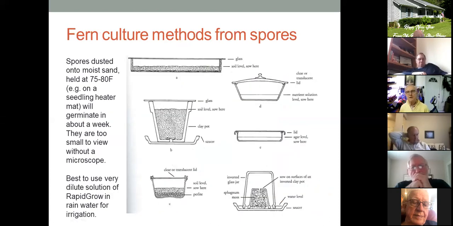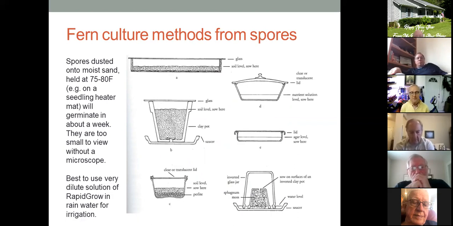If you want to culture ferns from spores, there's a variety of methods. And this is actually the method that I used in grad school, which I essentially made up because I really didn't have a guiding light at the time.